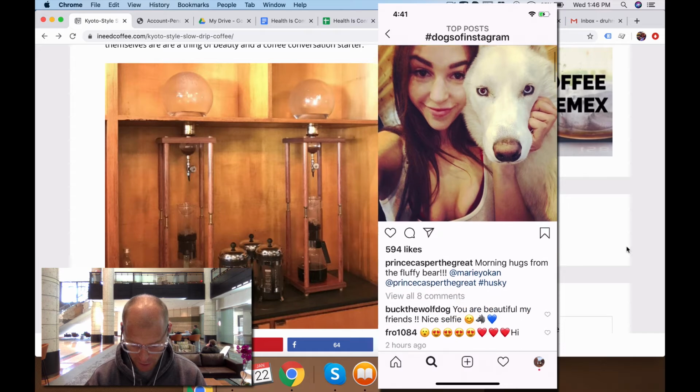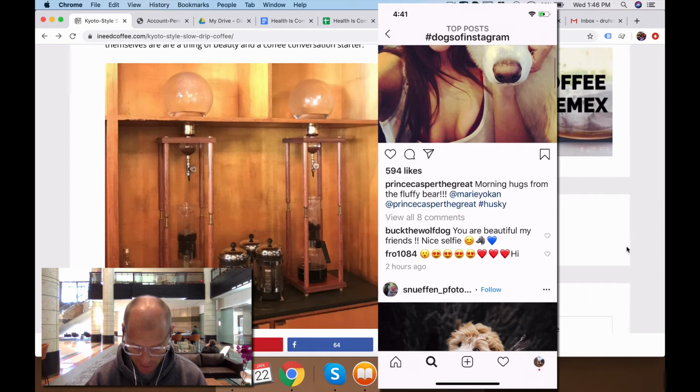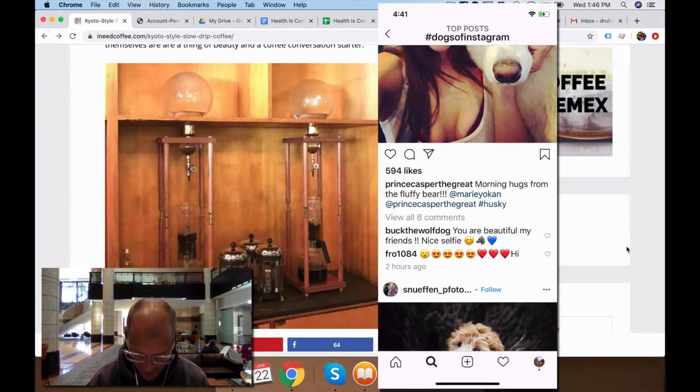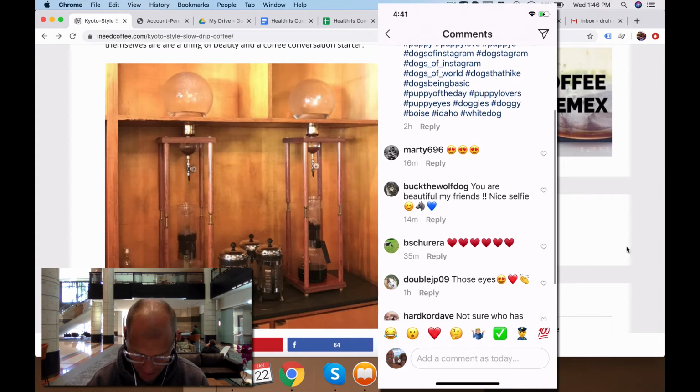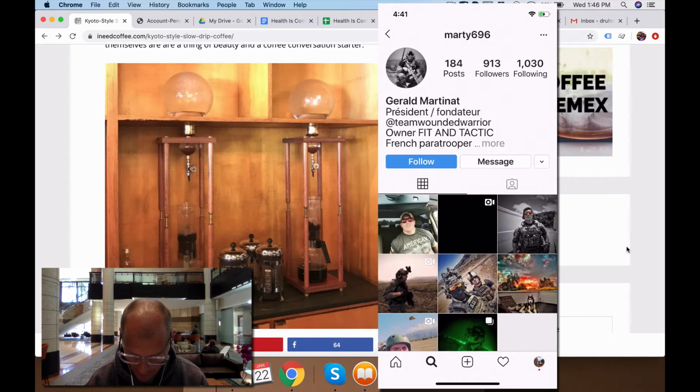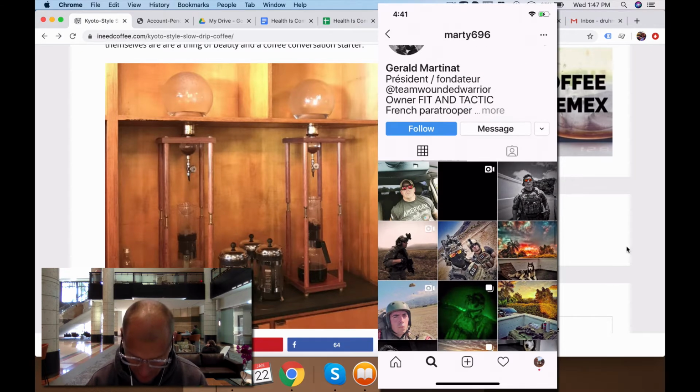But here's what I would do now: I would come down to some of these others that are commenting on it. So there's that one. All right, Marty evidently liked the dog. This doesn't look like a great one, oh, he does have a dog in there.